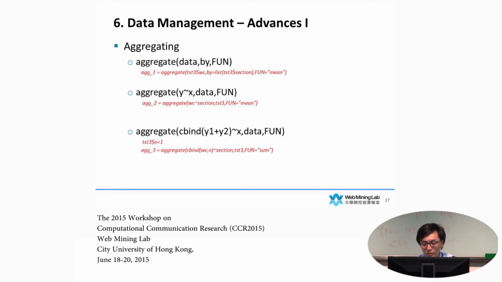See, the results will look like this. This is the total word count of this section, and this is the number of articles.